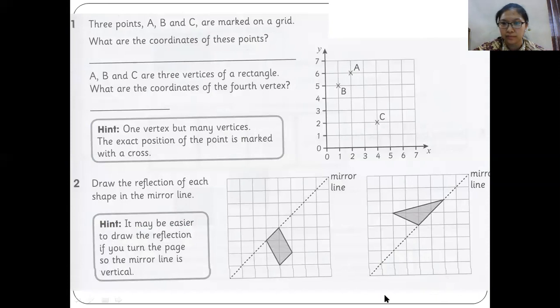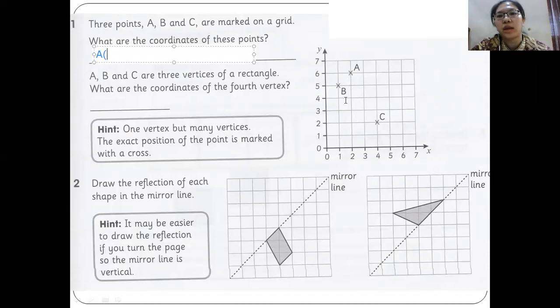Try to think. What do you think is the answer? Remember, to read coordinates, you read x first, then y. So, for the x coordinate of A, it is pointed at 2, y, it is 6. So, A is at (2, 6).